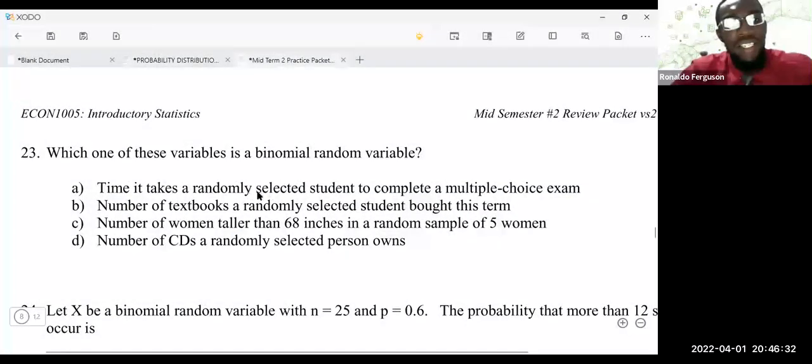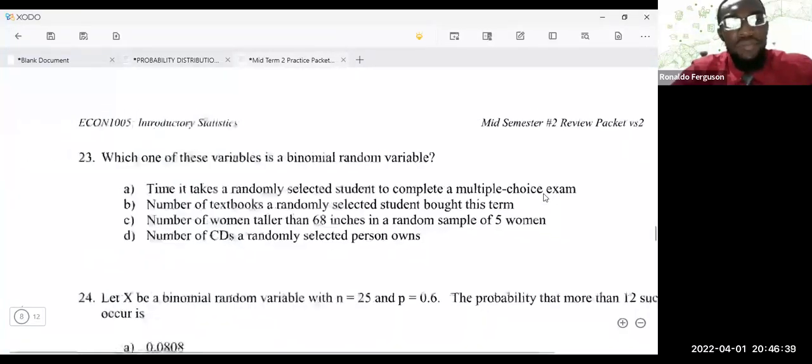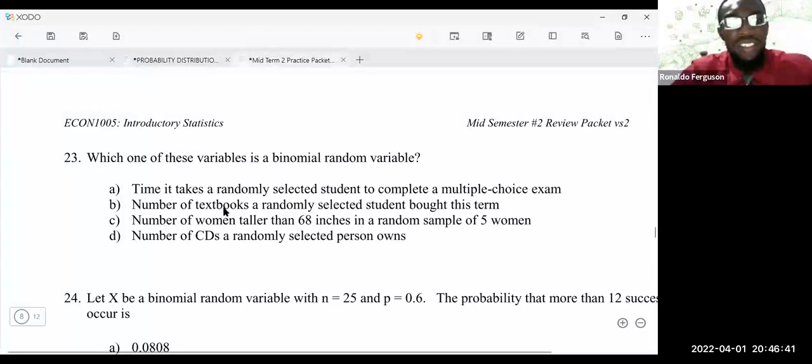Time it takes to select a student to complete a multiple choice. The next one says number of textbooks a randomly selected student bought this term. Number of women taller than 68 inches in a random sample of 5 women. Number of CDs a randomly selected person owns.